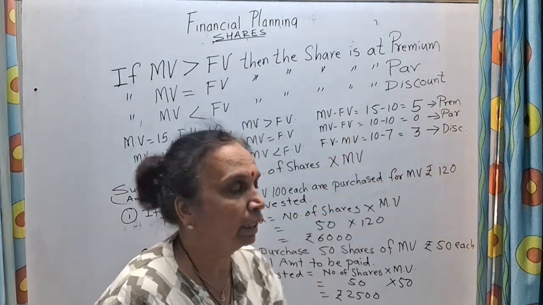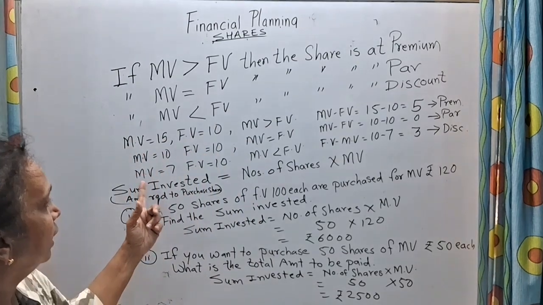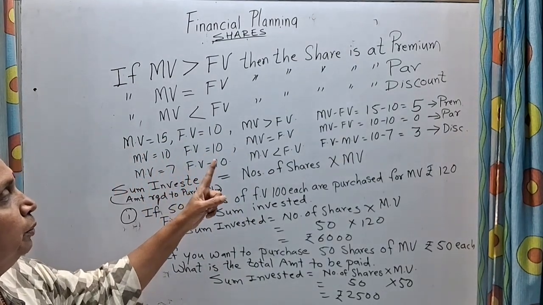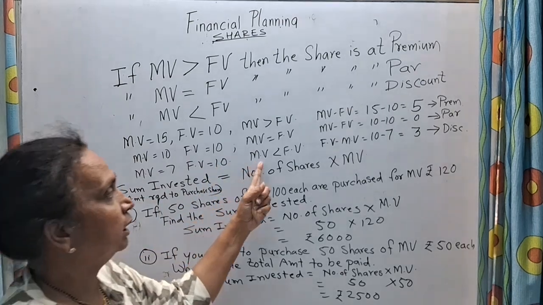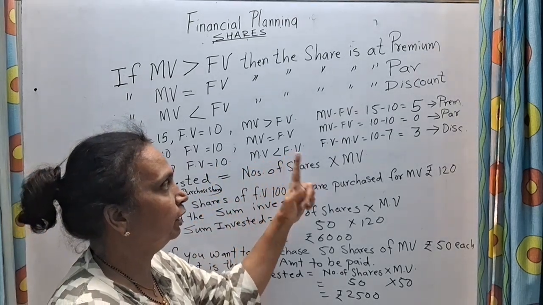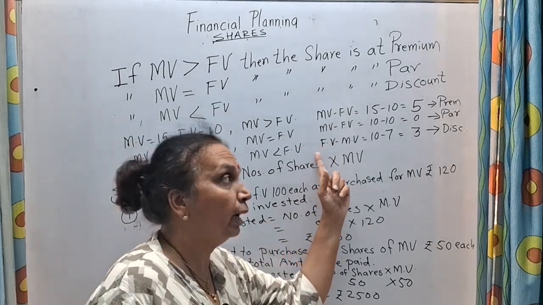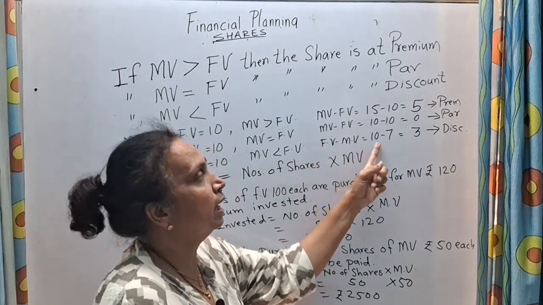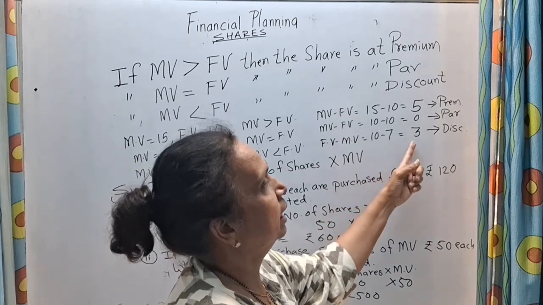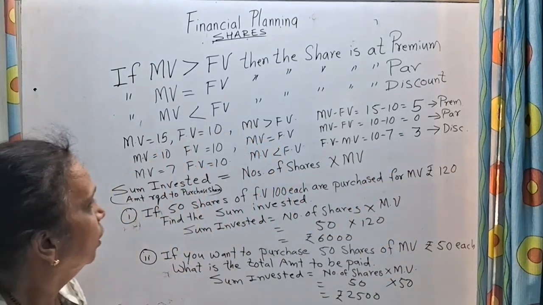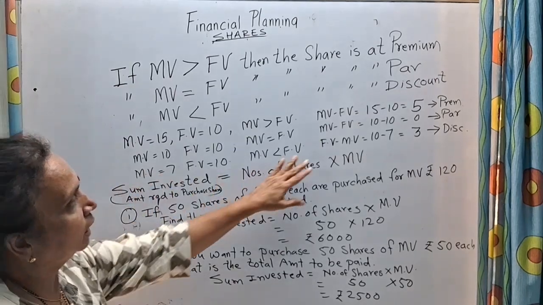So the share is at par. Now again, if the market value is 7 and the face value is 10, means the market value is less than the face value. So we are subtracting the market value from the face value, that is 10 minus 7, that is equal to 3. So it is a discount. Okay, so hopefully this much is clear to you.